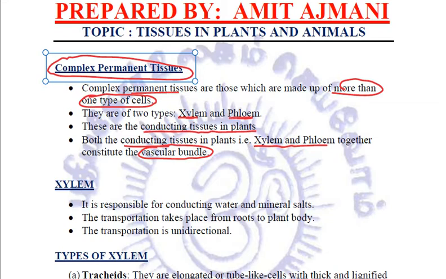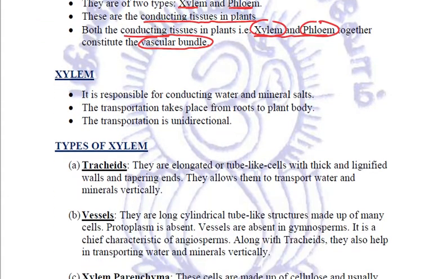Let us study each one of them one by one, starting with xylem. Now this xylem is a type of complex permanent tissue which is responsible for conducting water and the mineral salts which are dissolved in water.